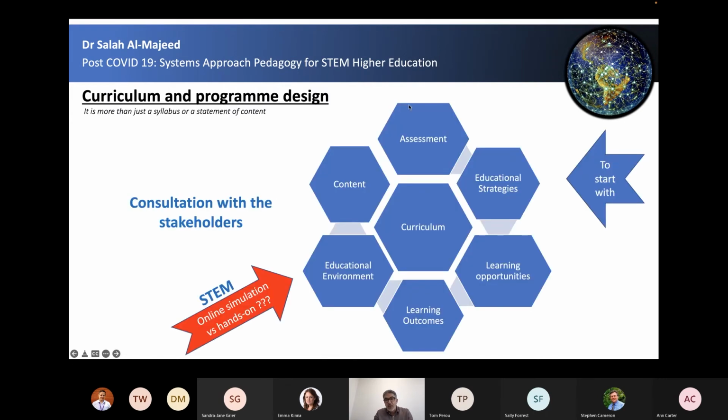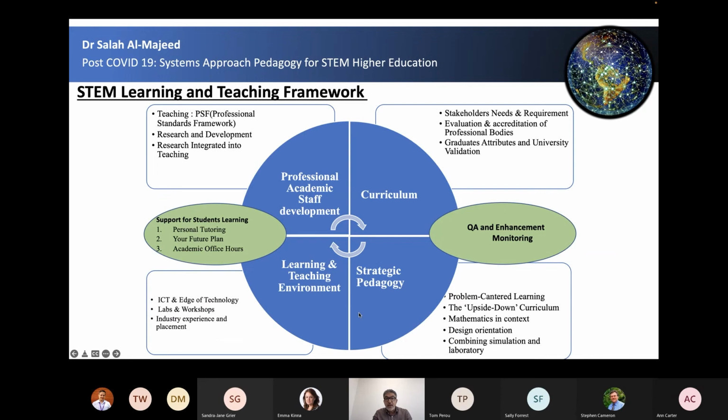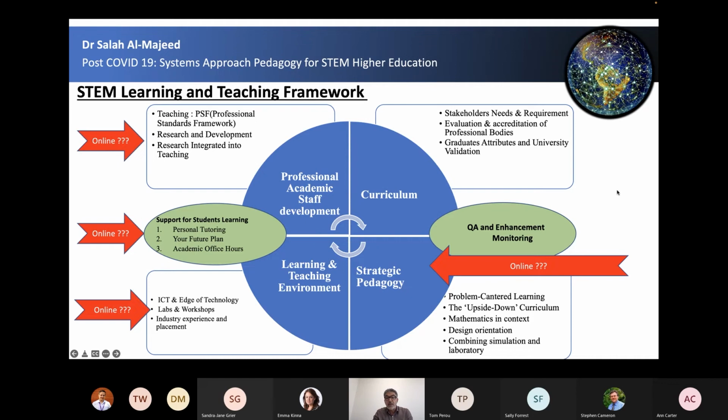Another parameter I would share with you is the curriculum design, and how the educational environment through STEM has challenged us over the last 2 years, and how it will be challenging us over the next period, because we have this blended or online or hands-on in practice delivering these curricula. The STEM framework, teaching and learning framework from an engineering or computer science perspective, has a lot of elements in there.